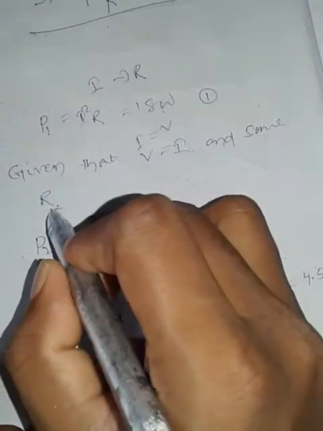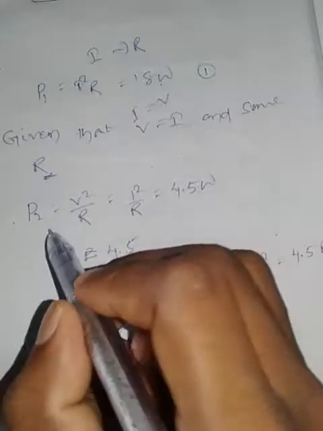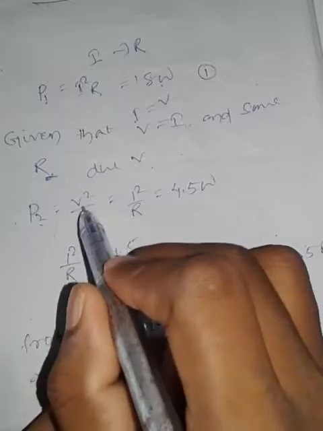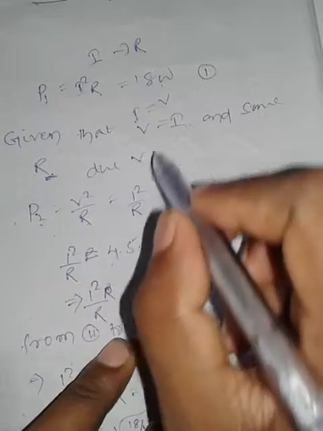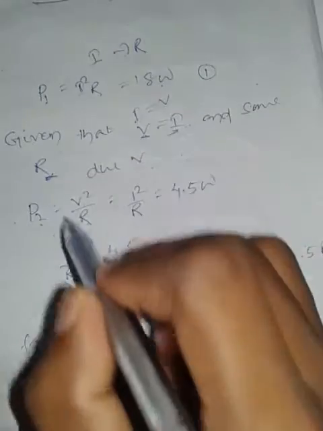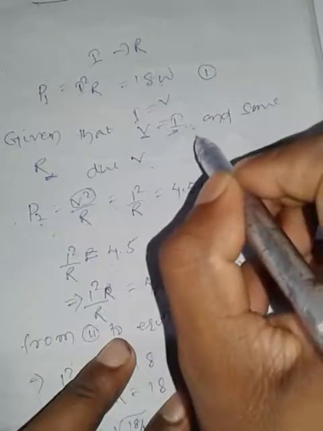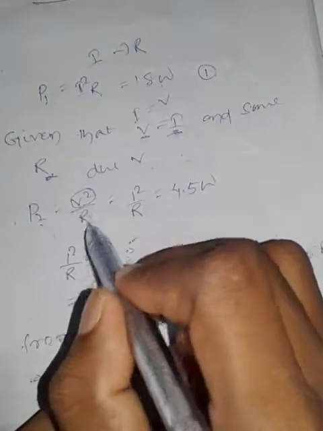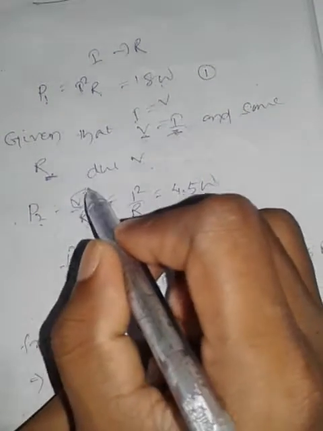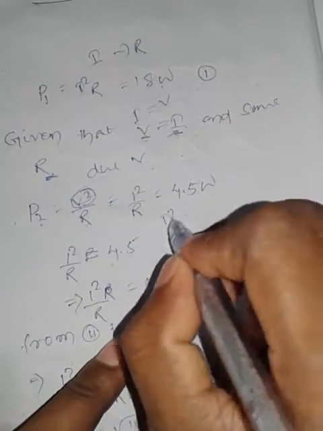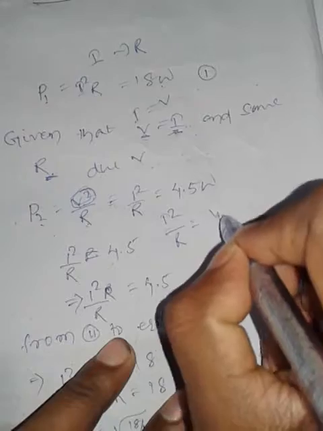So the power consumption due to V is P2 equal to V square by R. But V is equal to I, so in terms of V, I can put I here. So V square by R becomes I square by R, which is equal to 4.5 watt.